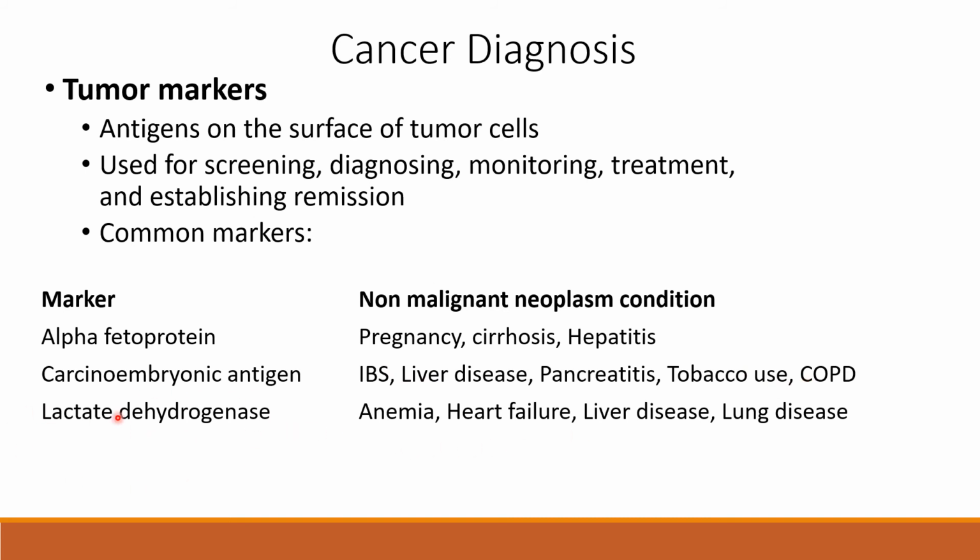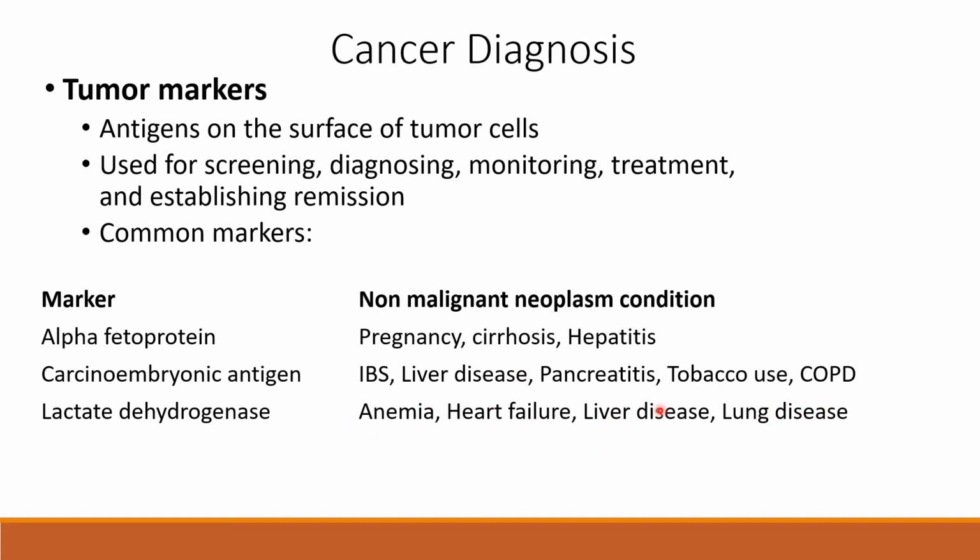And lactate dehydrogenase is going to be present in hypoxic tissues. So you'll find lactate dehydrogenase in conditions that are often associated with hypoxia, or reduced levels of oxygen, such as anemia, heart failure, and lung disease.